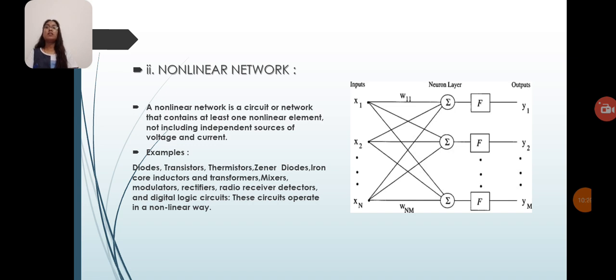For example, diodes, transistors, thermistors, Zener diodes, iron core inductors and transformers, mixers, modulators, rectifiers, radio detectors and digital logic circuits. Digital logic circuits operate in a non-linear way. Here in the picture we can see the non-linear network.